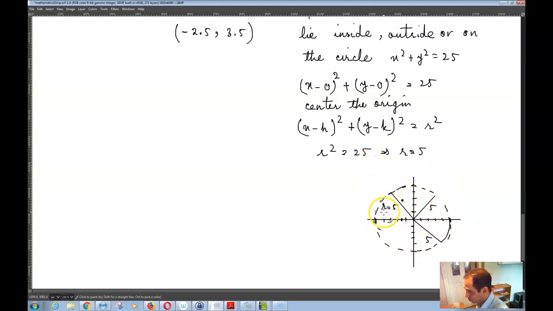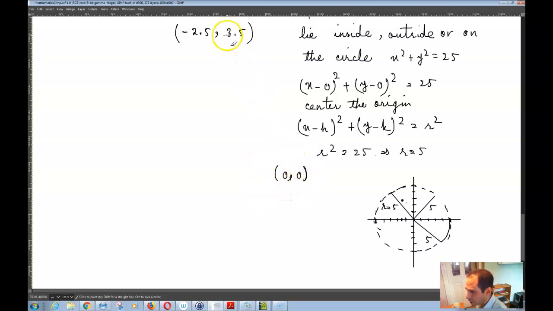Now if you want to verify this algebraically, what I would do is find the center of the circle, which in this case is 0, 0, and the distance of this point from 0, 0.